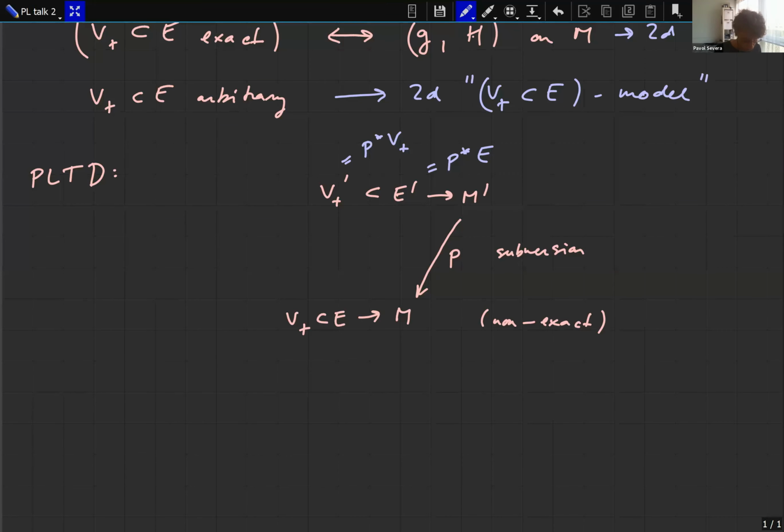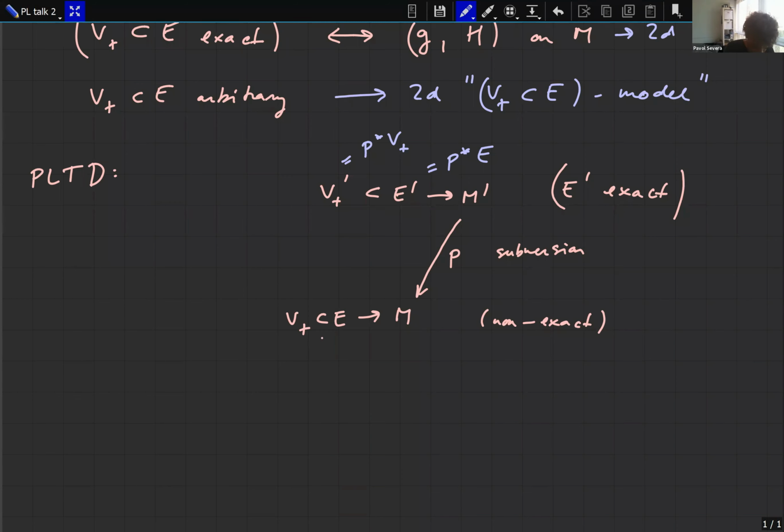Okay, and so what do we have upstairs? Let's imagine that this E prime is exact. So upstairs we have just a metric and a closed three-form on M prime, right? So it's a generalized metric in an exact Courant algebroid. So we have an ordinary sigma model.